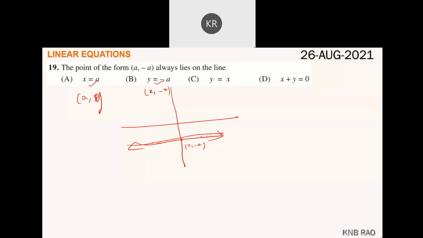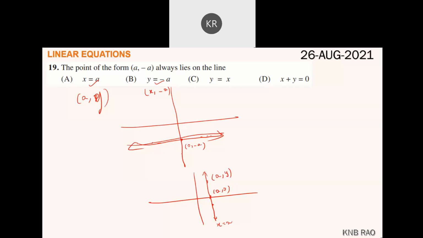If you take x equals a, it's a line parallel to the y-axis passing through the point a comma 0, and all the points lying on that x equals a will be of the form a comma some y coordinate.